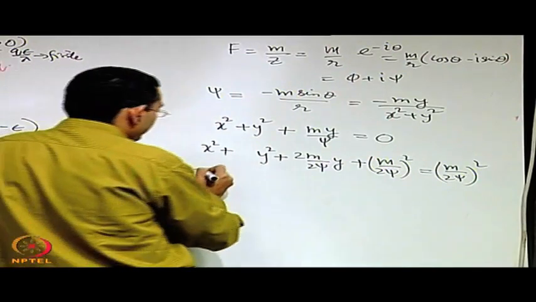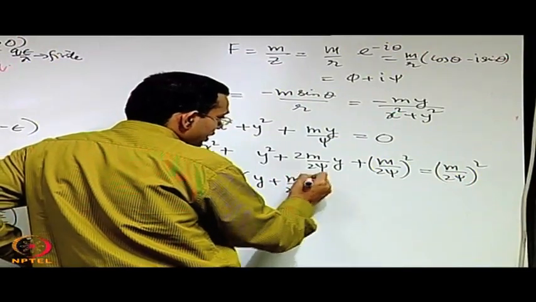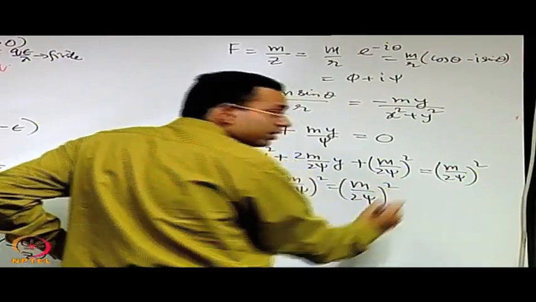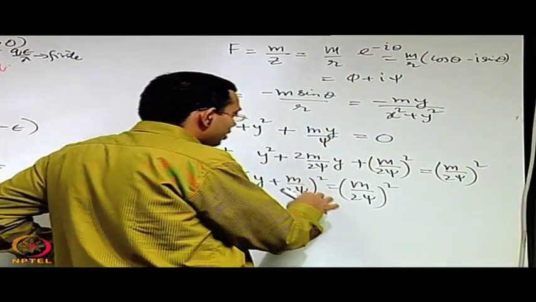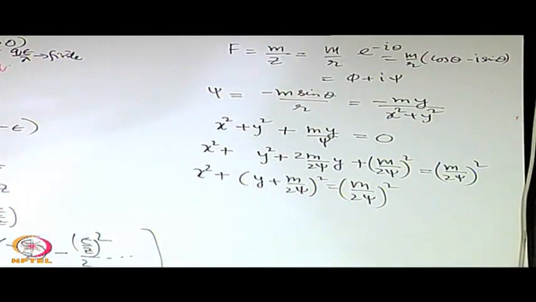So x square plus y plus m by 2 psi whole square. So it represents a family of circles, x minus a whole square plus y minus b whole square equal to r square, that form. The values of course depend on m and psi. So let us try to make a sketch without going into the values.